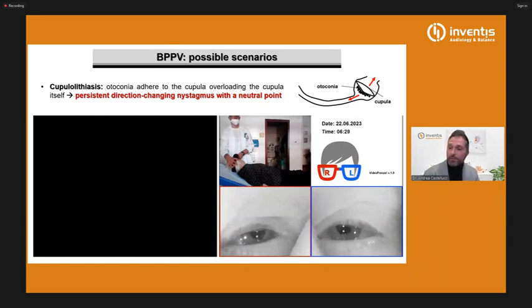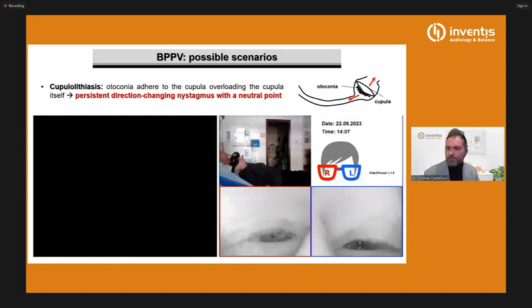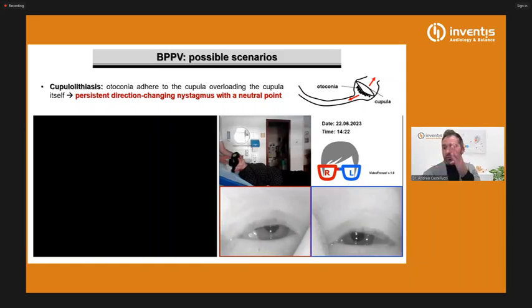So now it's a persistent right beating nystagmus, but it's apogeotropic, of course, and it's definitely stronger. And in this position, when the patient has the head slightly tilted toward the affected side, as in this case, slightly tilted toward the right, we have a null point because the cupula is aligned with the gravity vector. So we do not have any nystagmus.